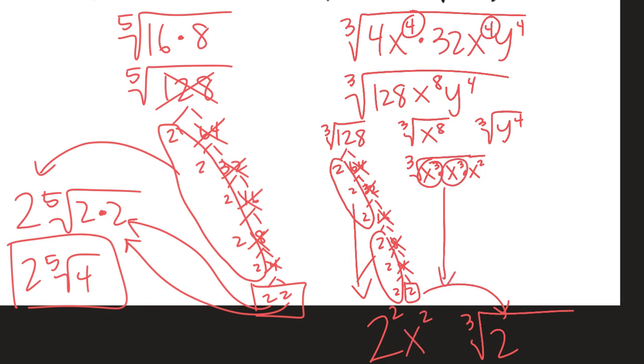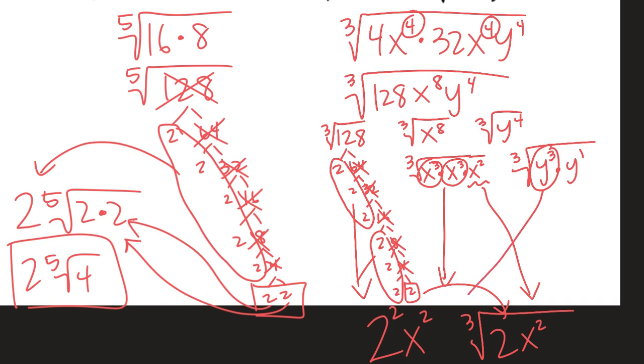And then the leftover stays exactly the same underneath the root. All right, let's do the y's. I need 3 y's. If I did 3 more, I would be up to 6. So really, I can only add 1 more. So I only have 1 group of 3 that's going to come out front. And then the leftover stays the same in there.